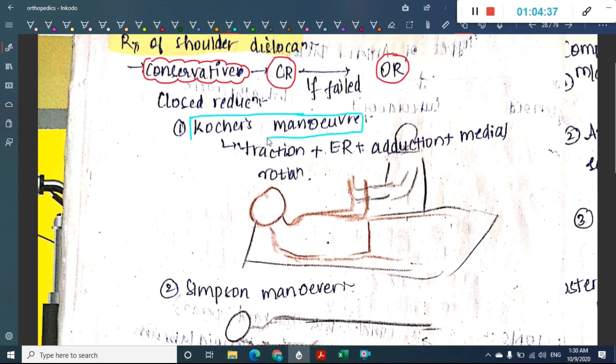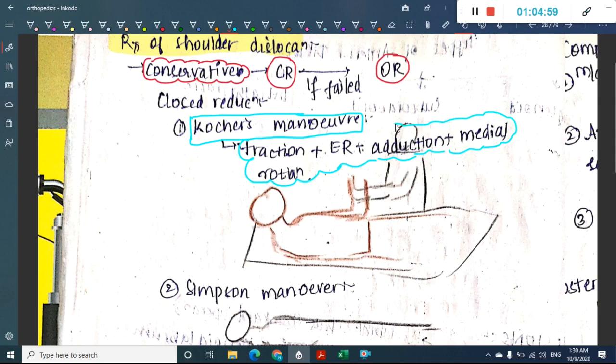We have Kocher's maneuver which we do in closed reduction, where the surgeon holds the forearm of the patient and does traction, external rotation, adduction and medial rotation.